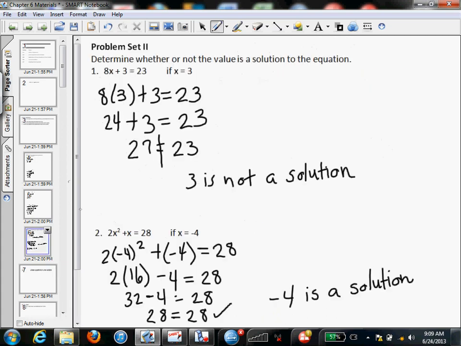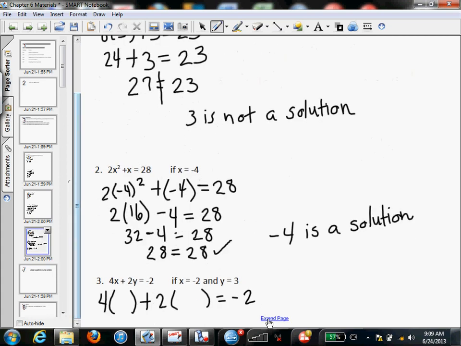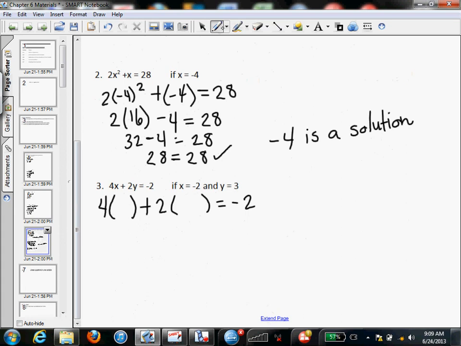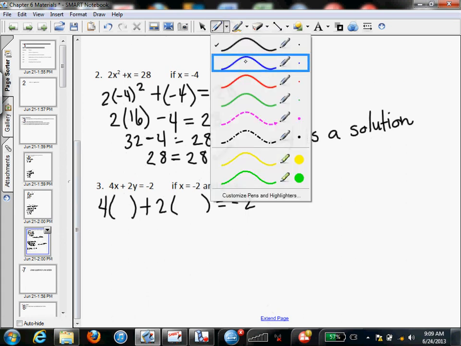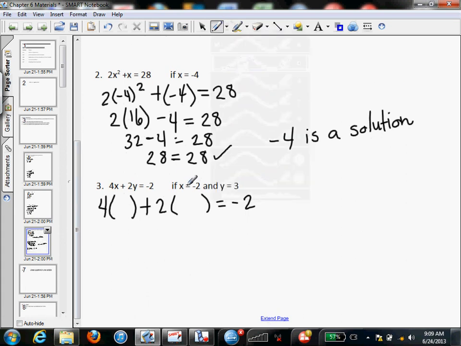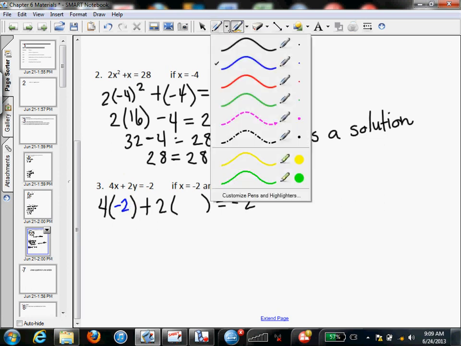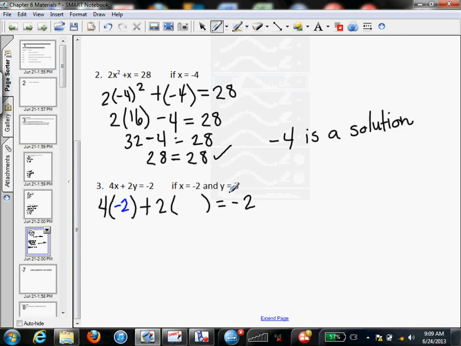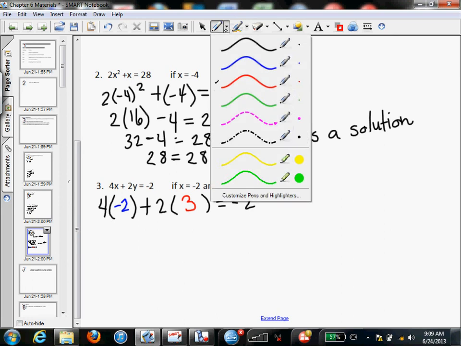Okay, so now I'm going to change colors. For this first one it says a negative 2 for x. So we found where x was, it was right here. So let's write a negative 2 where the x was. And now it says 3 for y. Y was located right here, so let's write a 3 there.